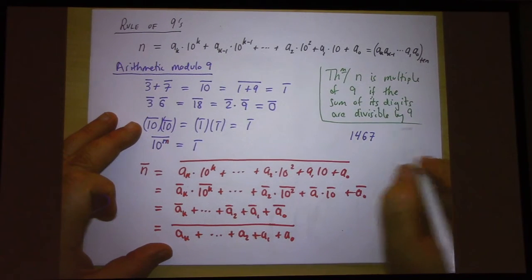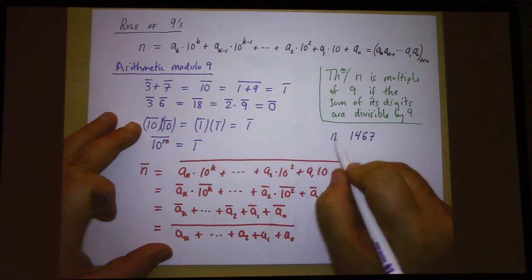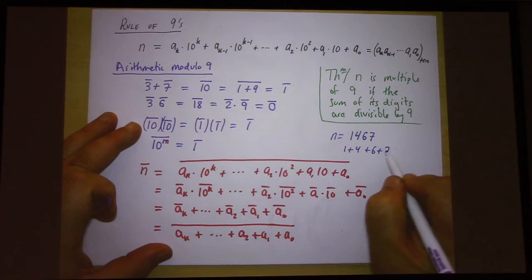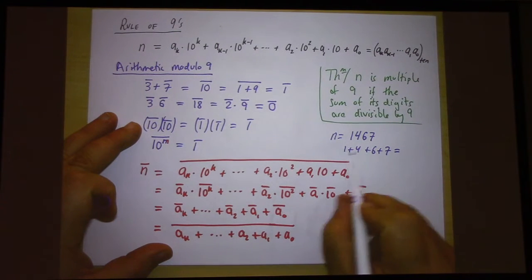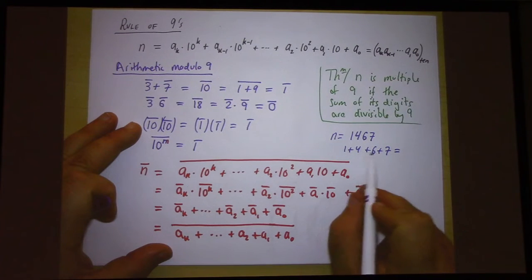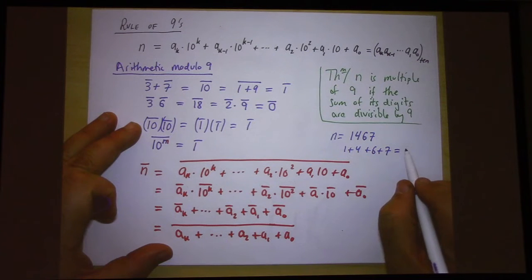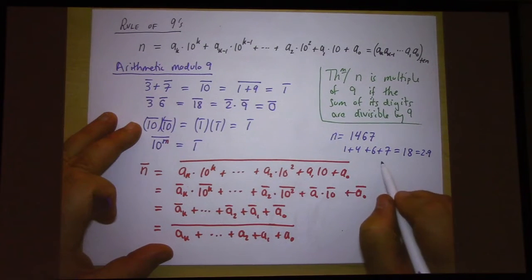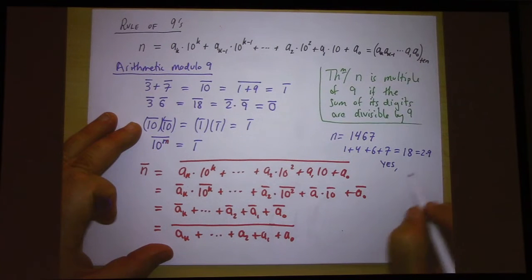Well, let's see here. 1 plus 4 plus 6 plus 7 is equal to what? 18, isn't it? Is that right? Yeah. That is 2 times 9. So, yes, 1467 is divisible by 9.